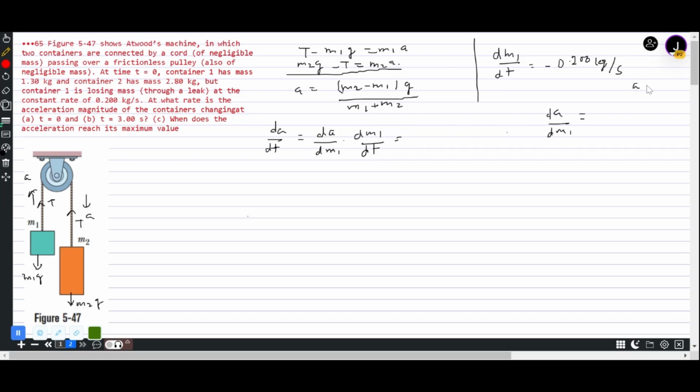This is a typical (a minus x) over (a plus x) differentiation scenario, where dA over dm1 will be minus 2 m2 over (m1 plus m2) whole square, times g. So we'll put the value minus 2 m2 over (m1 plus m2), and we have the value of dm1 by dt, which is minus 0.2.